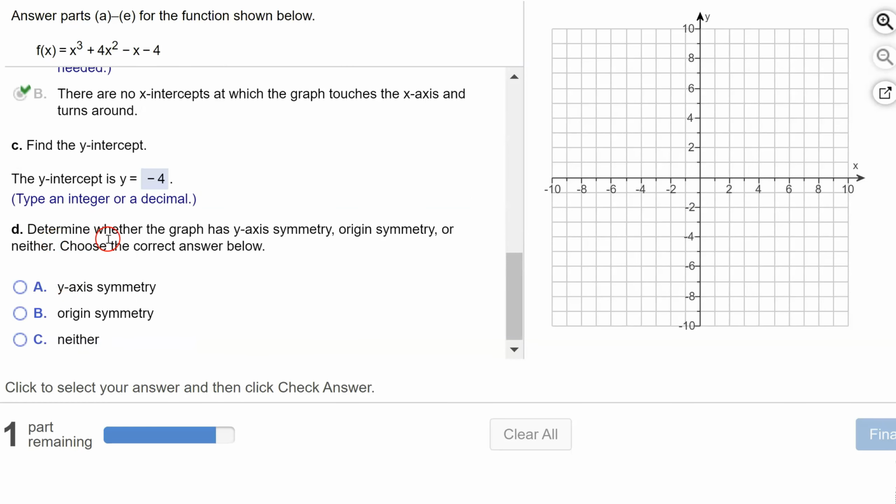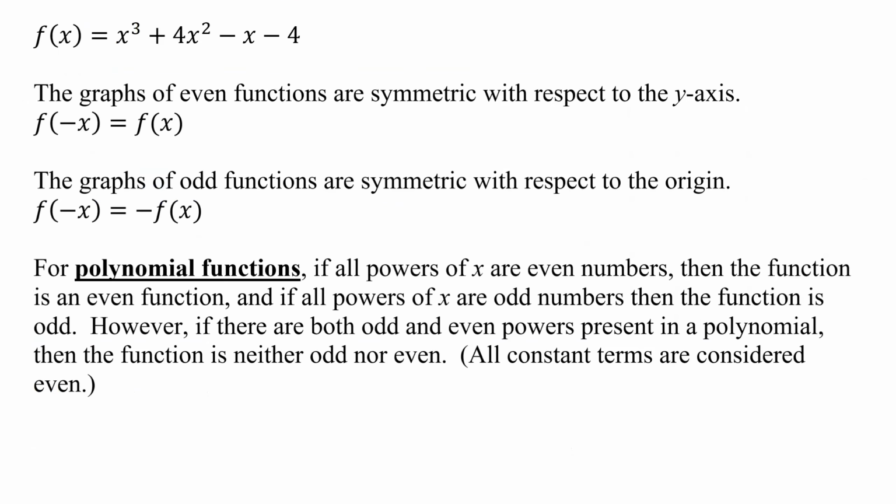Next, we need to determine whether the graph has y-axis symmetry, origin symmetry, or neither. So let's go to my scratch paper where I've written a few notes. The graphs of even functions are symmetric with respect to the y-axis, and even functions are functions where f of -x equals f of x.